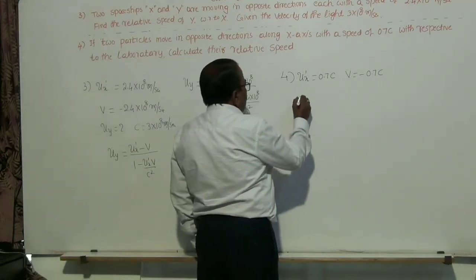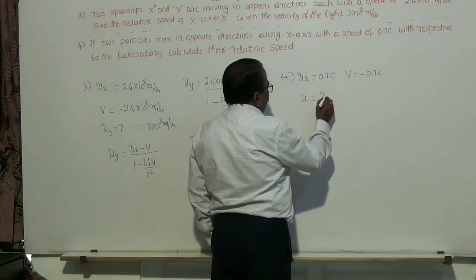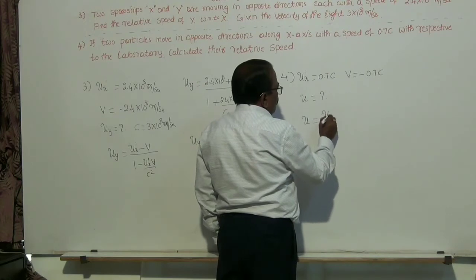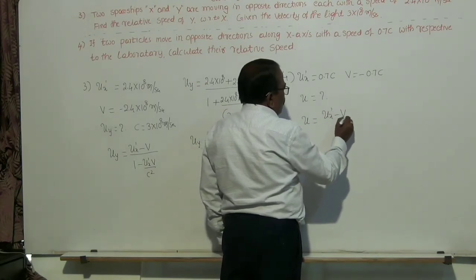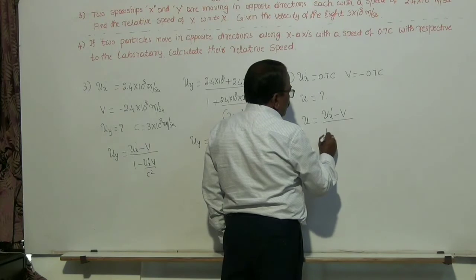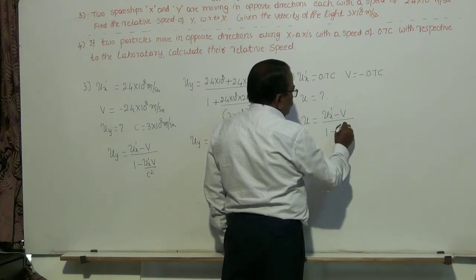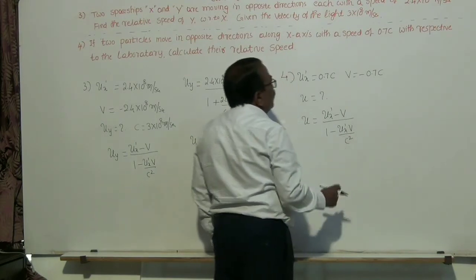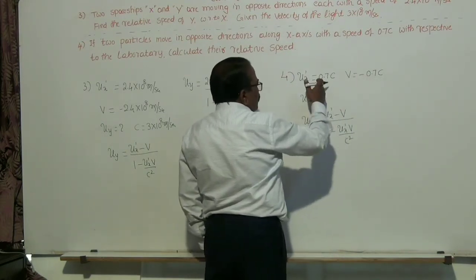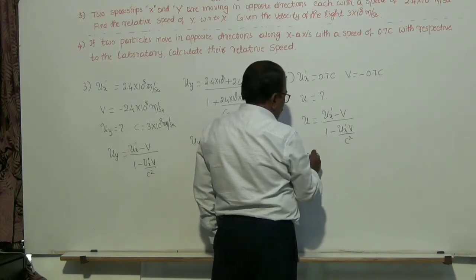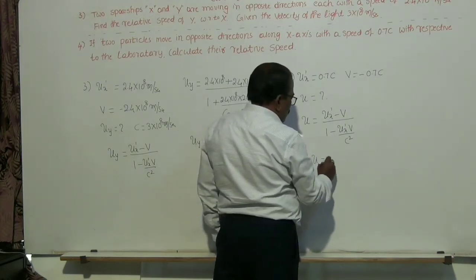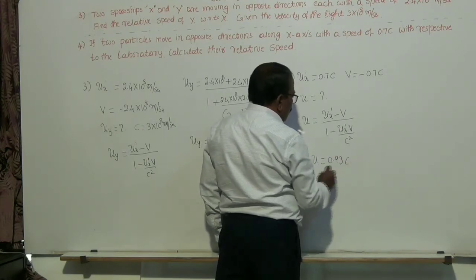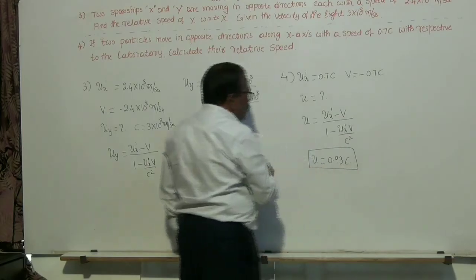Means they asked to find out what is u. Same formula, u is equal to ux dash minus v upon 1 minus ux dash v upon c square. Your v is given and ux dash is given. If you simplify this, you are going to get 0.93 c. You calculate this at home.